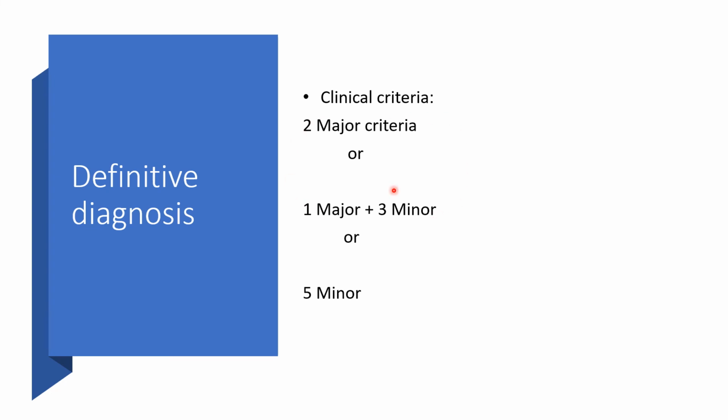Or you cannot meet the major criteria through the echo or through the blood culture, but the minor criteria, you can pick 5 of them at once. Then you are fine to make definitive diagnosis under clinical criteria.